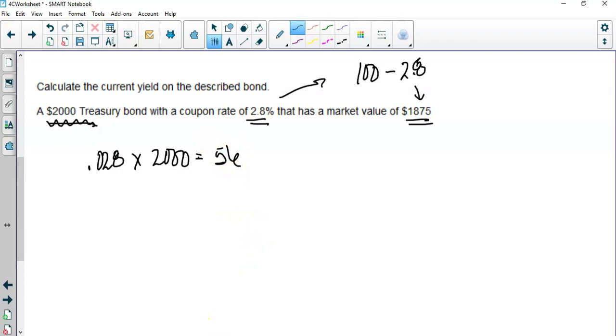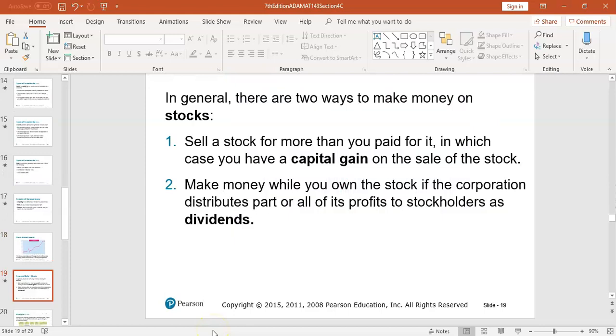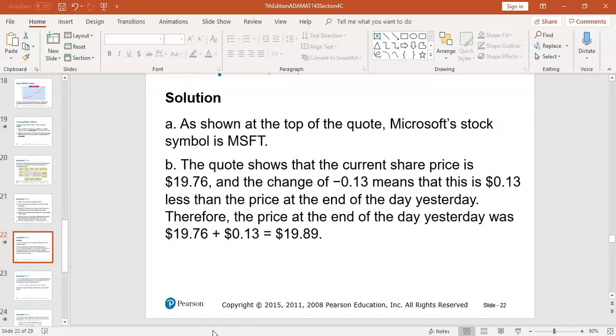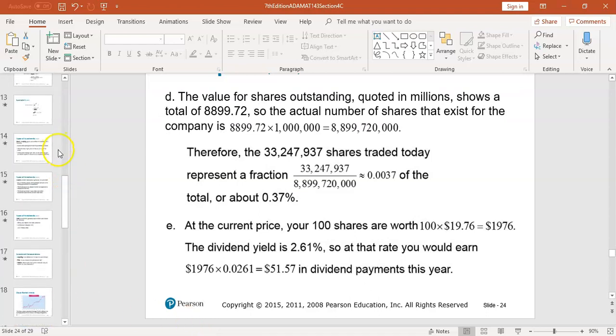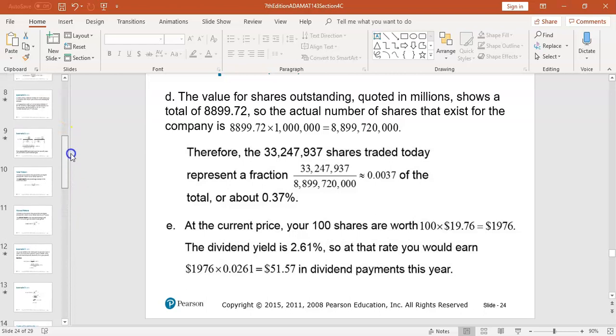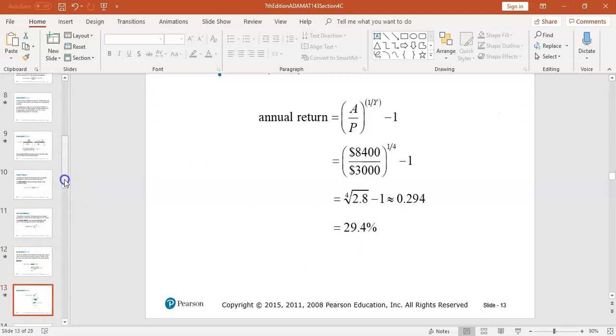Now, the yield for bonds, if we can get to it, maybe it was back a little bit further. Let's see if we can find it.